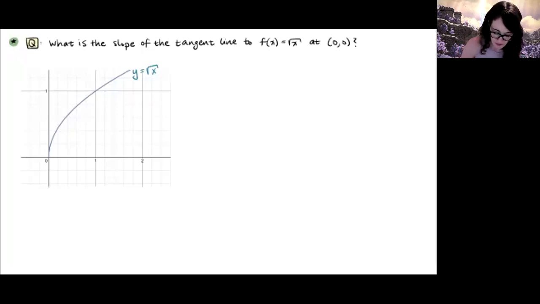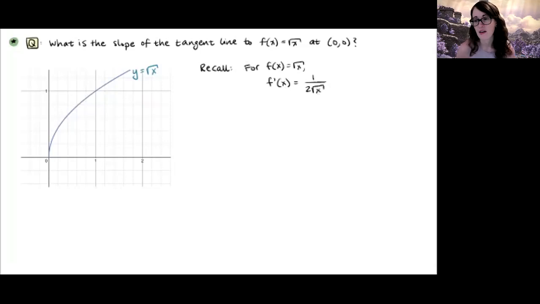If you recall from the previous video, we're not going to go through it again. You can look at that if you want. For f of x equals radical x, we found the derivative is equal to 1 over 2 radical x. And remember that the slope of the tangent line is given to us by the derivative evaluated at a particular x value.